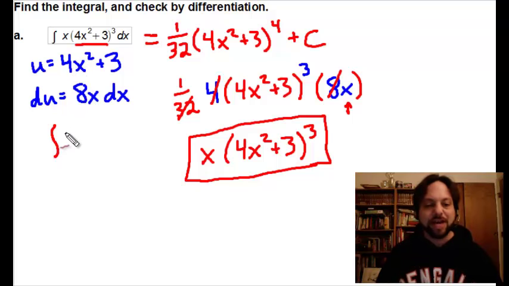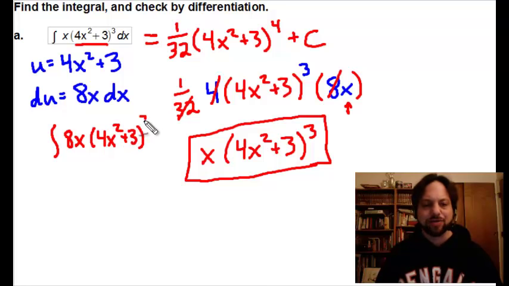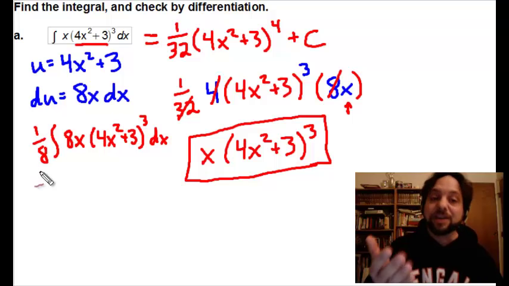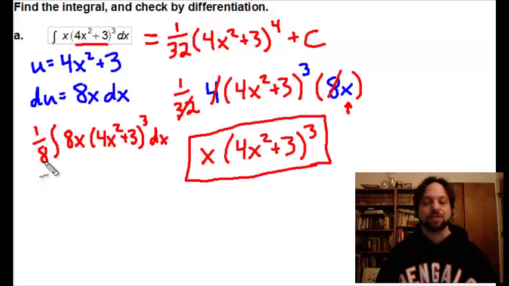Well, instead of just having x, how about I multiply an 8 in there? Am I allowed to do this? And of course you should say, well, no, of course you're not allowed to do that. You just multiplied the entire integral by 8. But if I go ahead and multiply it by 1/8 on the outside, have I convinced you that I've really made no difference now? Hopefully I have.